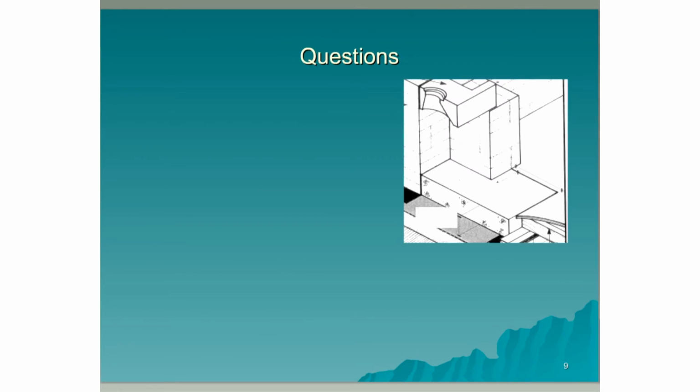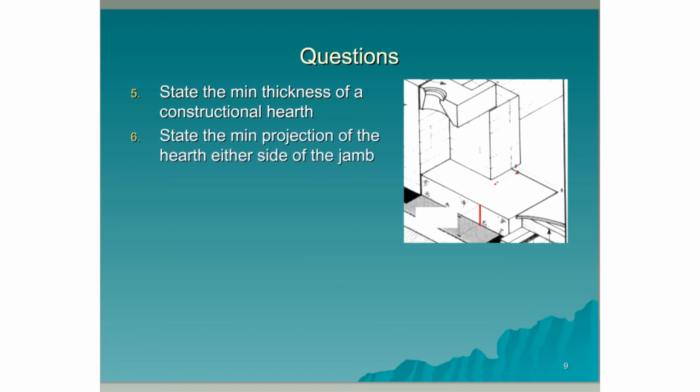Questions. State the minimum thickness of a constructional heart. State the minimum projection of the heart either side of the jamb. State the minimum projection of the heart out from the jamb.